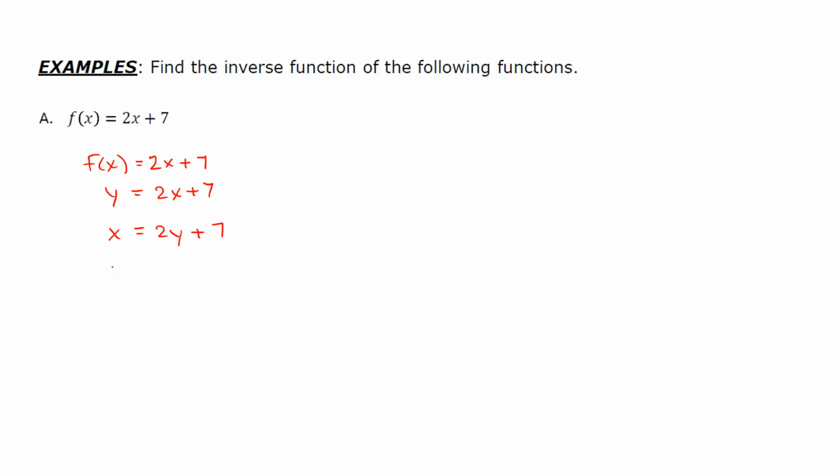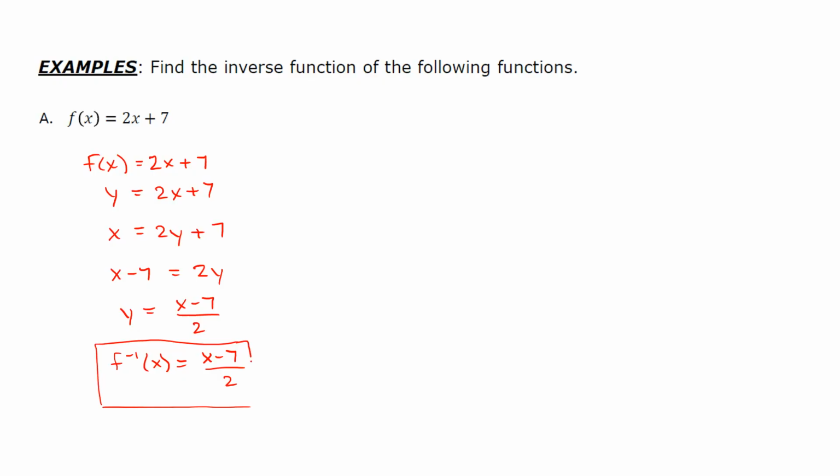So we'll have x minus 7 equals 2y, and then I'll need to divide everything by 2. So then y equals x minus 7 divided by 2. Okay. Then my step number 4 is to write y as the inverse of f. Okay, and so now I have my inverse function.